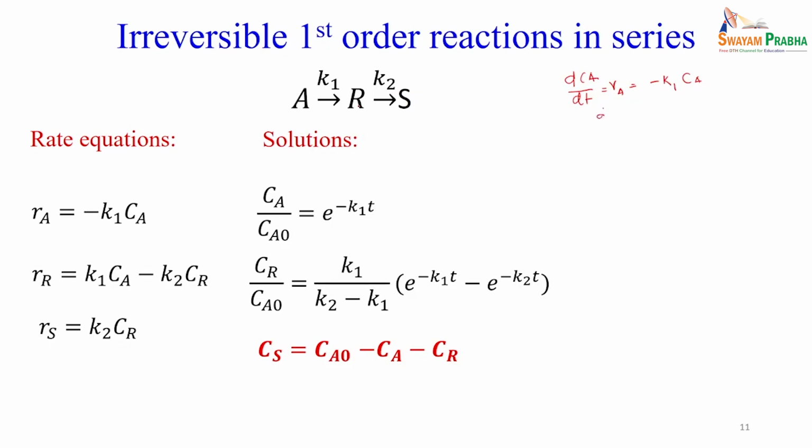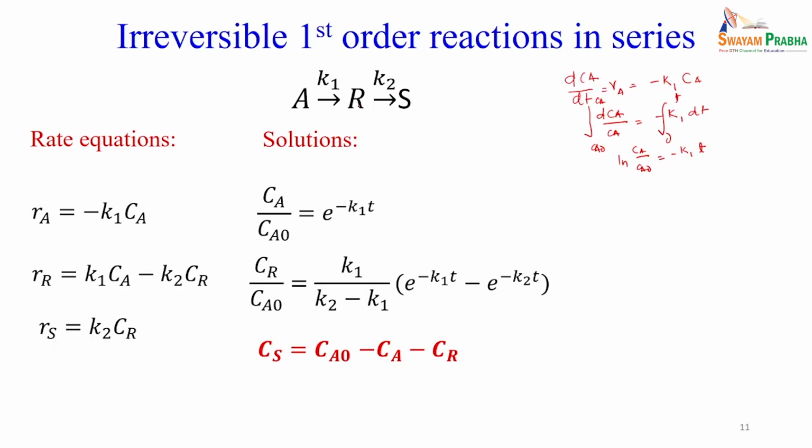So, this will be like dCA upon CA equals minus K1 dt, integrate 0 to t, and we are going to integrate CA naught to CA. So, we will end up with ln CA upon CA naught is equal to minus k1 into t. So, CA upon CA naught is equal to e to the power minus k1 into t.